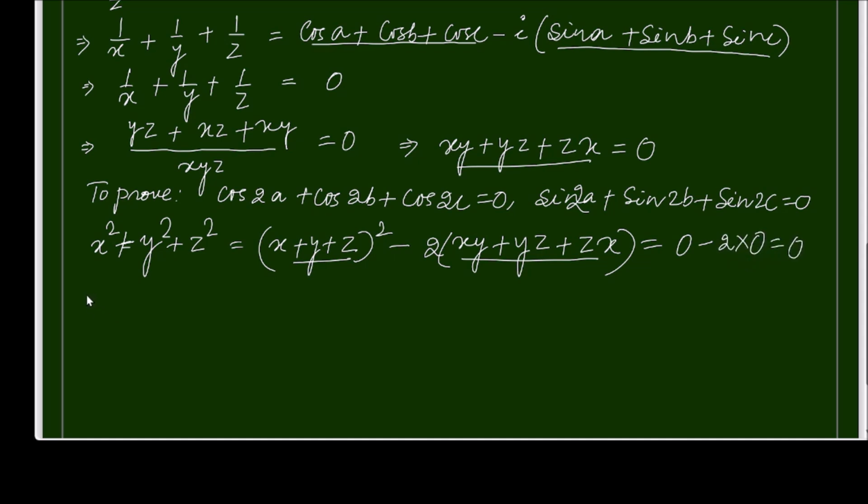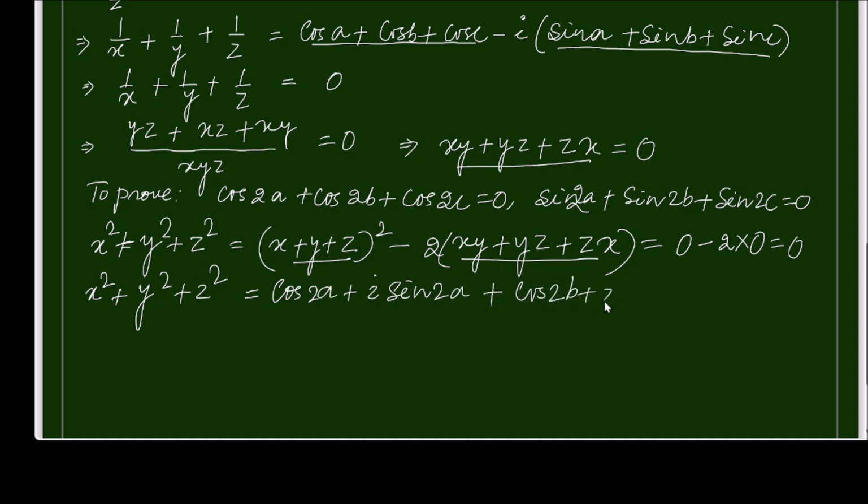So what is x square? X square plus y square plus z square is nothing but cos 2A plus i sin 2A, sorry, it's A, plus cos 2B plus i sin 2B plus cos 2C plus i sin 2C.